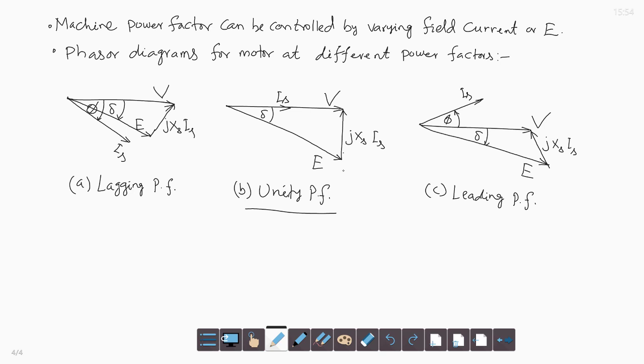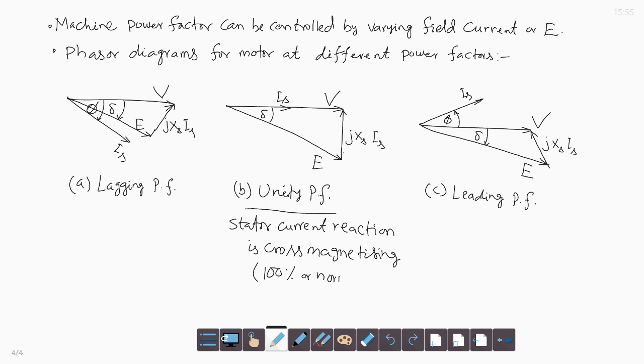And you can see the armature reaction, the stator current reaction, is cross magnetizing. And this is referred to as 100% or normal excitation.